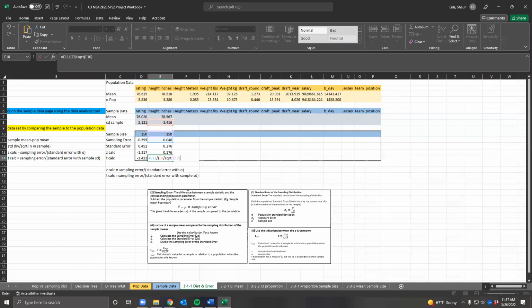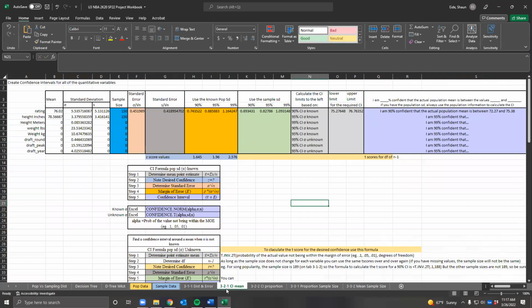So what I just did there is the sampling error divided by the standard error, but this time the standard error is using the sample standard deviation instead of the population standard deviation. And then I'm going to press enter, and you'll notice that T calc is a little bit different. And then you just do that each time, and this is just to give you practice calculating all of this going all the way down.